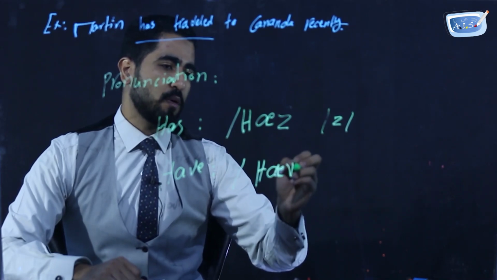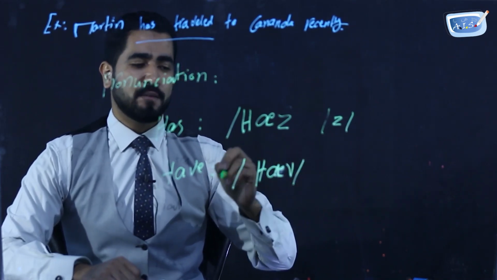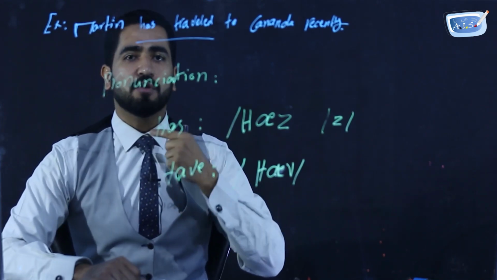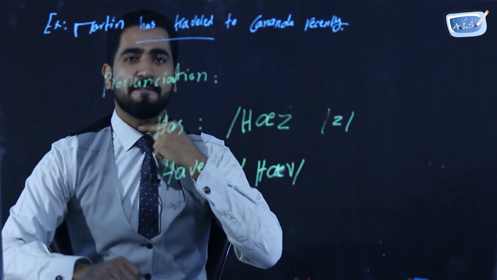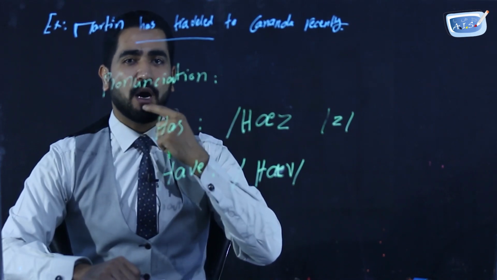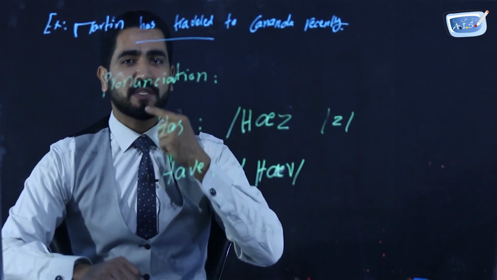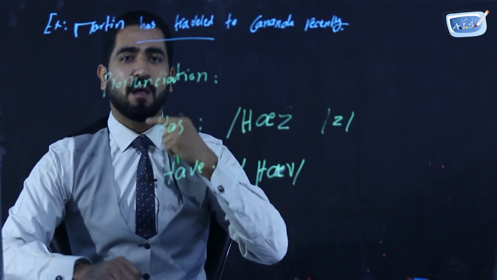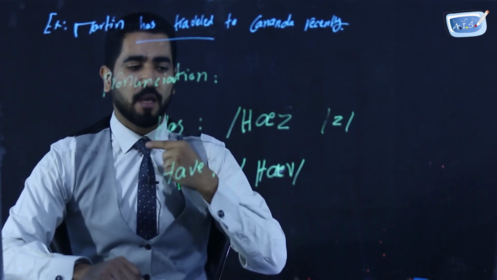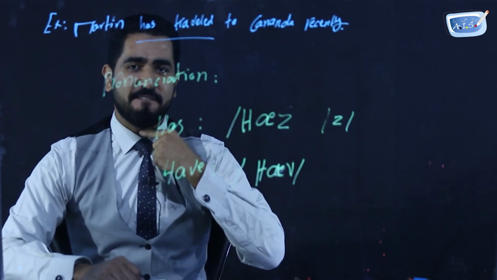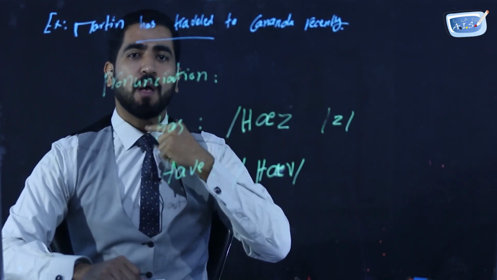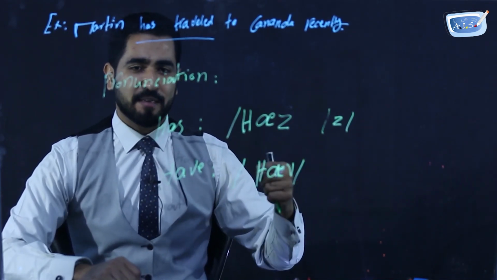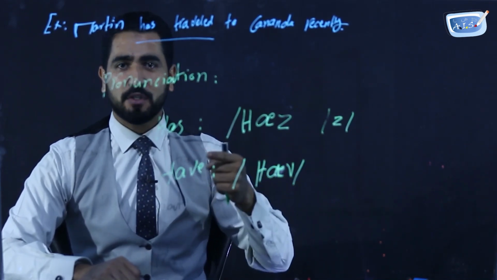Have, with the V sound. Just put your finger the same way on your throat and check that. V. Bite on your lower lip with your upper teeth and say V. Let the air out of your throat. V. Have. Martin and I have traveled to Canada. So this is all about the pronunciation.